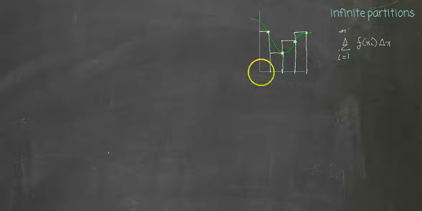Another commentary is that right now, and I will continue to do evenly spaced partitions so that delta x will be divided into even bases, even intervals. So if I've divided this interval from A to B into 4 partitions, each partition is 1/4 of the total. It's not required. The partitions can be randomly sized or differently sized.